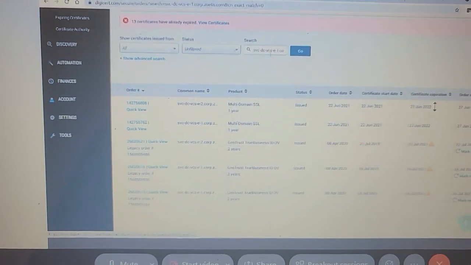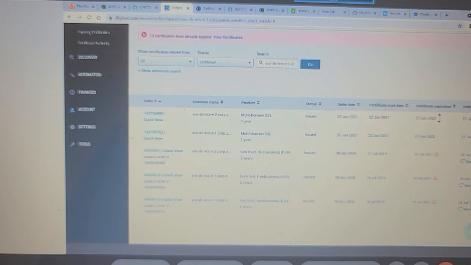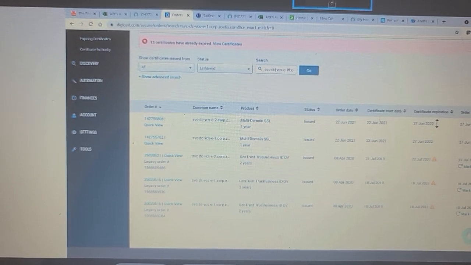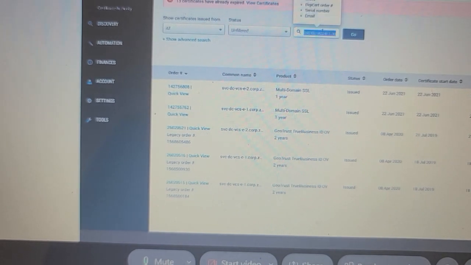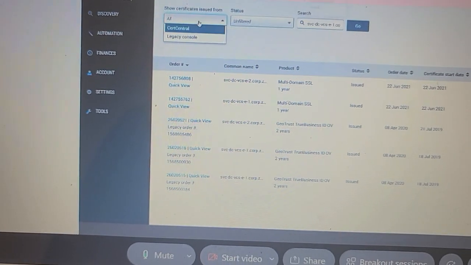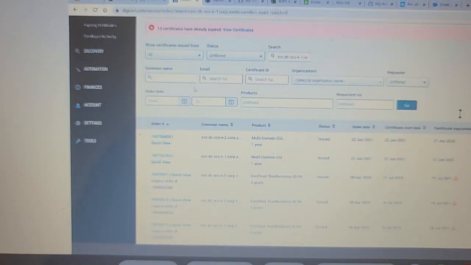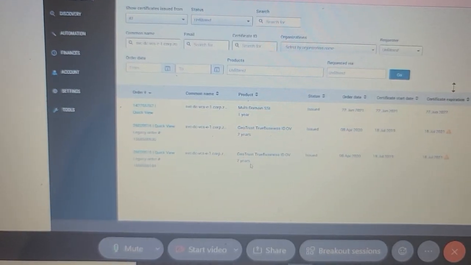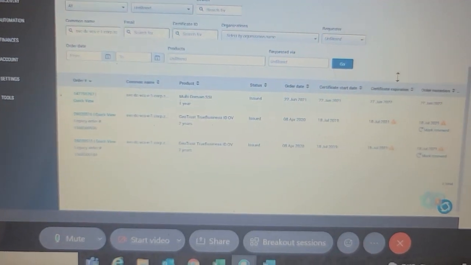See here, there are a total of 5 with the same common name. There are 2 and 1 also, right? But 3 are there, and 2 are GeoTrust. There are 3. 2 are from GeoTrust, 1 is recently renewed.